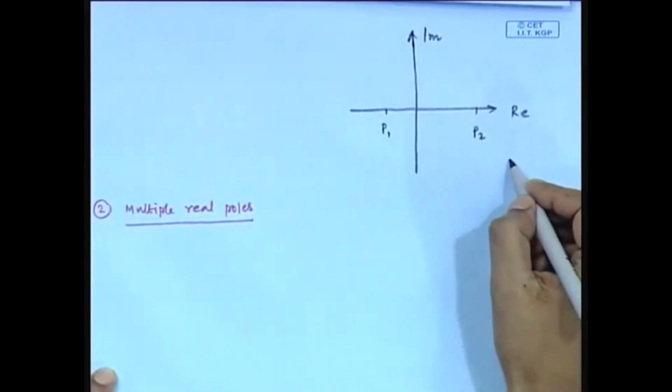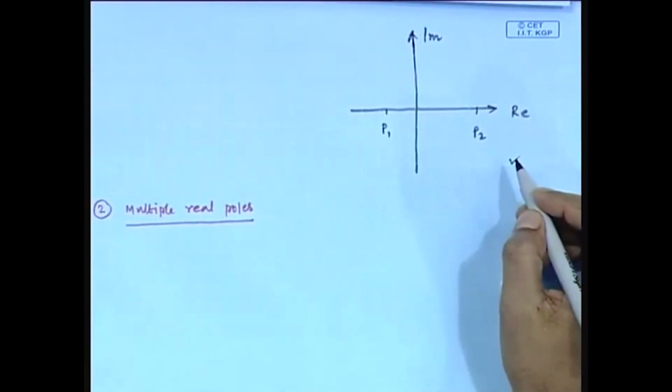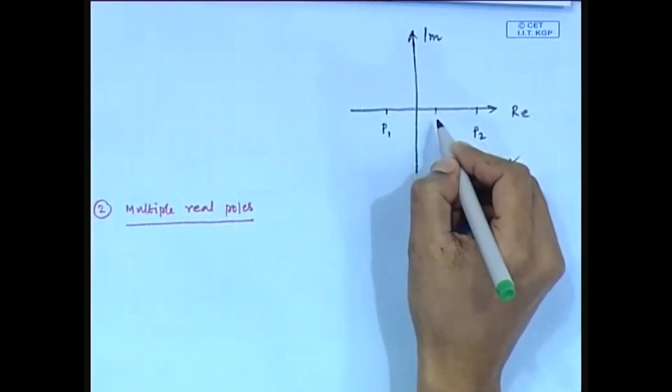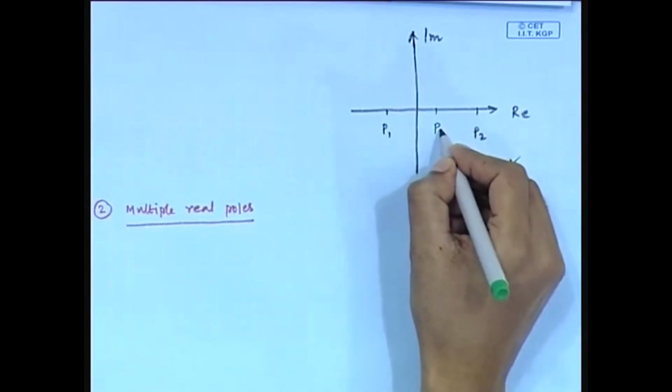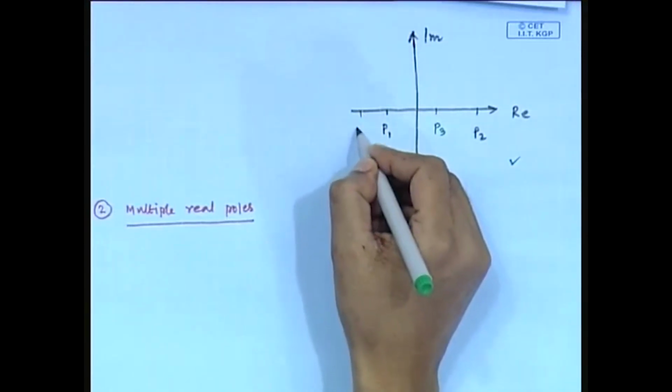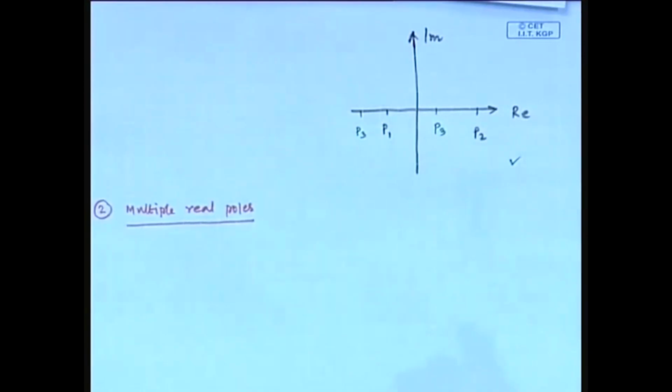We will consider multiple poles represented by P3. So, first you locate that P3 in this complex plane. Suppose one P3 is here, another P3 is here. Like this, P3 is repeated m times.